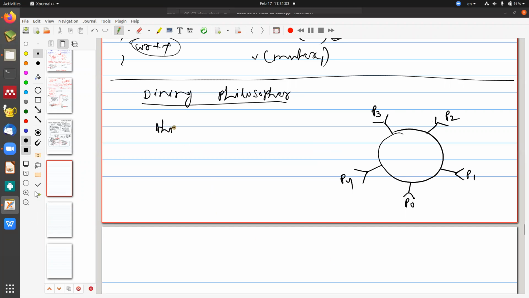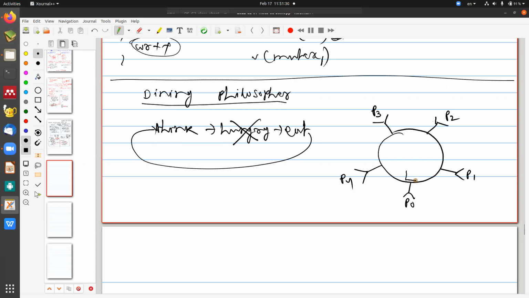So the process is: think, hungry, eat, and again think. Each philosopher's work is this much. How they think and how they eat is in their own mind, but eating has a certain criteria.